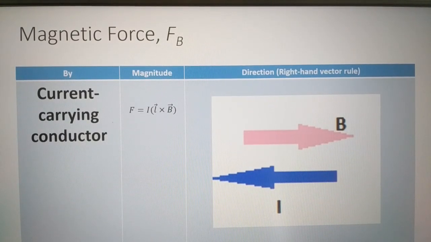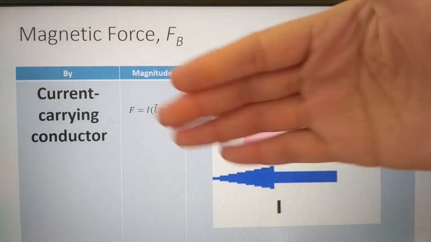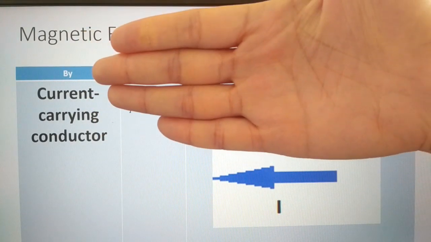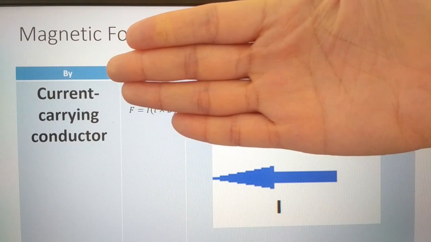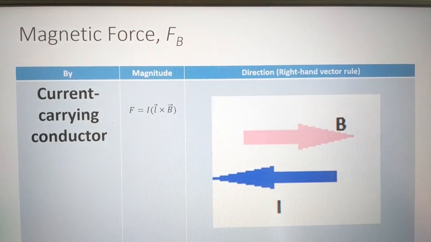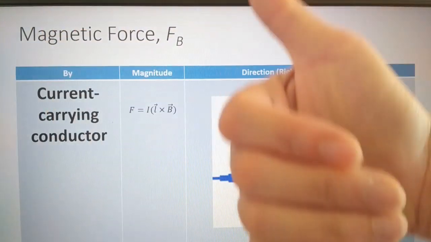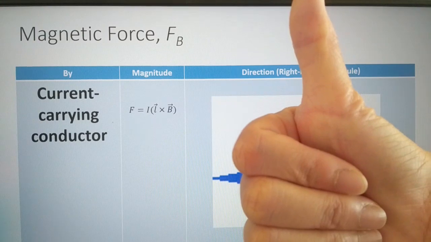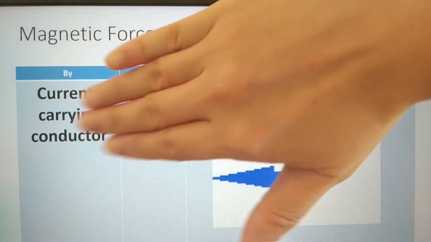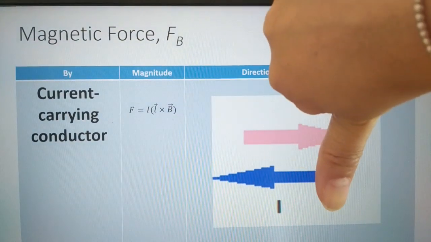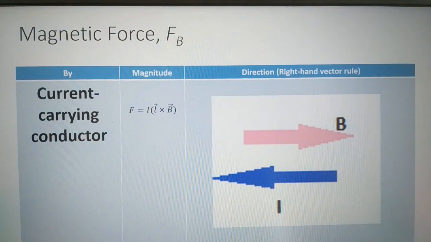Okay, what about this? Is it I cross B, my force upward, or I cross B, my force downward? This is a question for you to think.